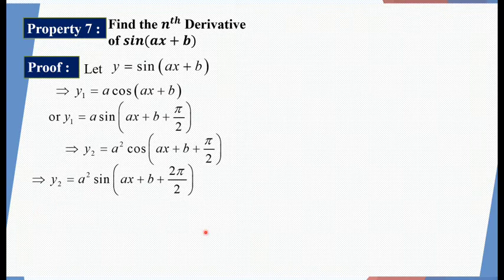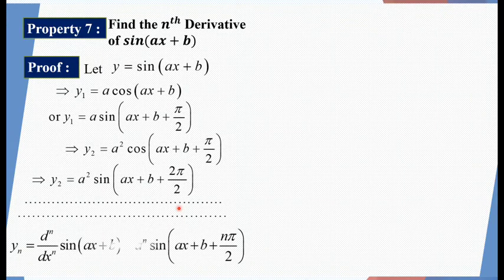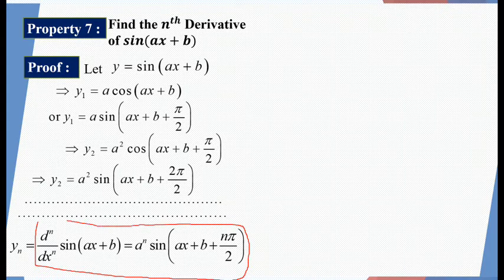Then if we have to find y4, then a raised to power 4 sin ax plus b plus 4 pi by 2. So from the successive differentiation, we can write yn as a raised to power n sin ax plus b plus n pi by 2. So this is the required formula of nth derivative of sin ax plus b.